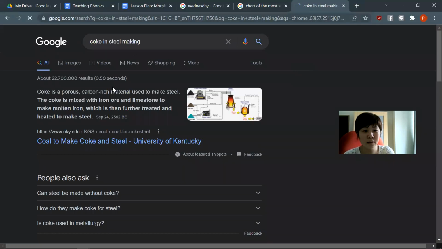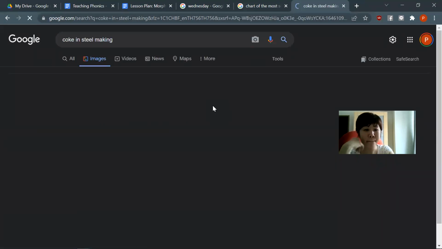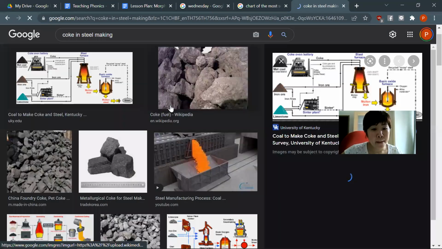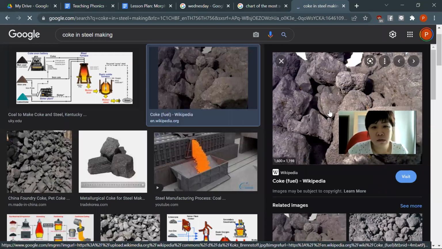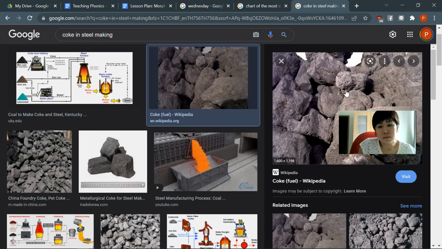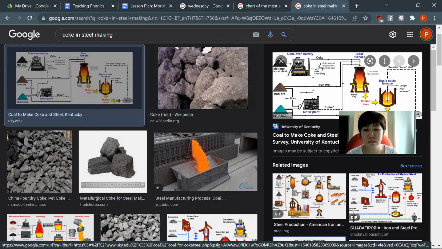It's very carbon, this is Coke. So it's like carbon rock, and they make it really hot and combine it with iron, I think. So yeah, Coke comes with iron ore and limestone, and they put it all together in a big furnace, and that's how they make steel.